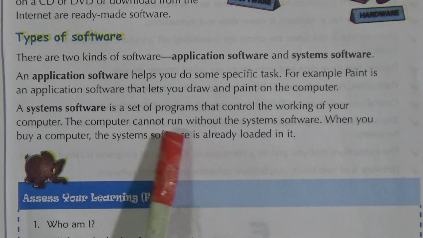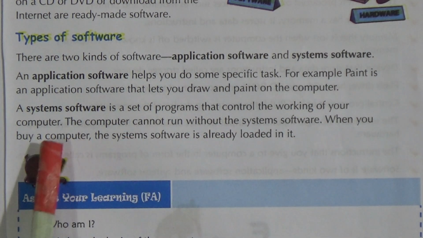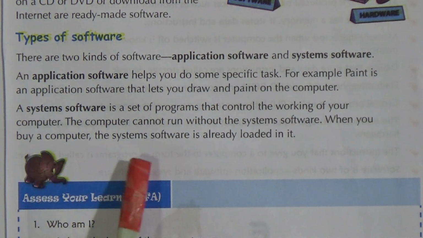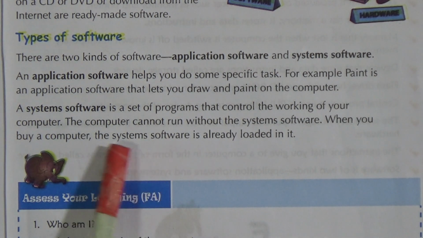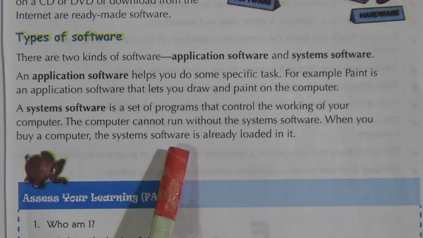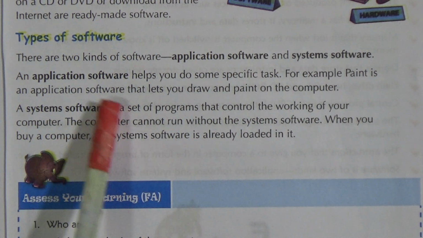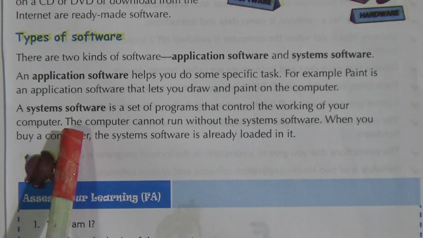The computer cannot run without the system software. When you buy a computer, the system software is already loaded in it. For instance, you can use Windows to run your computer, okay? Windows is a system software. Without it, you can't run other application softwares.